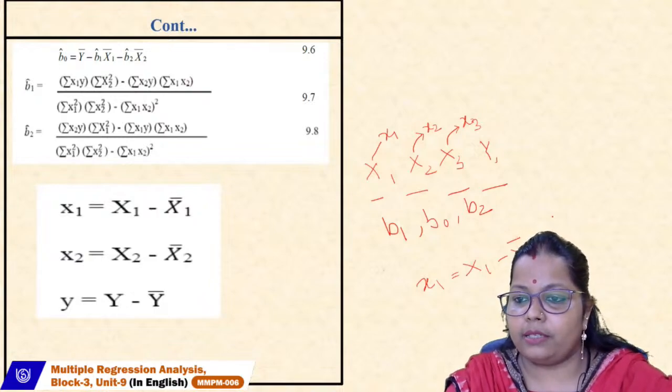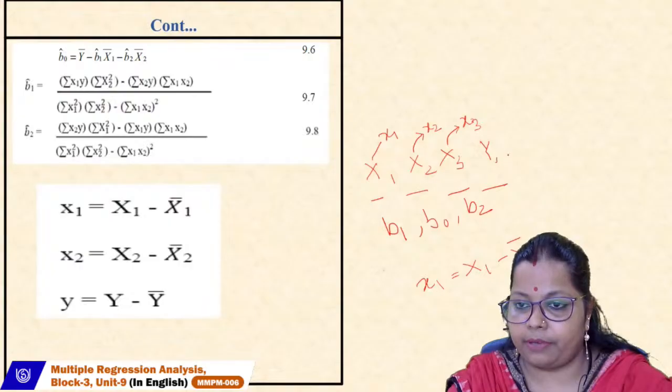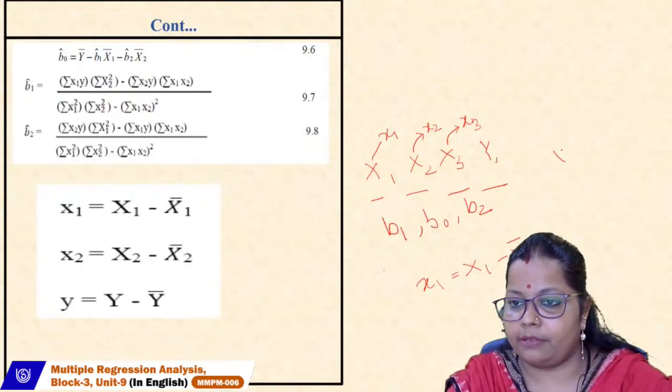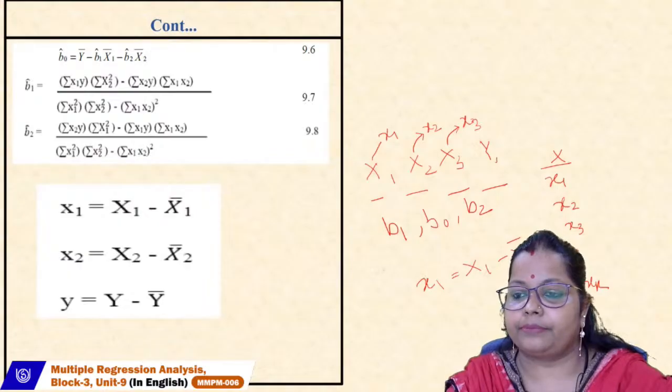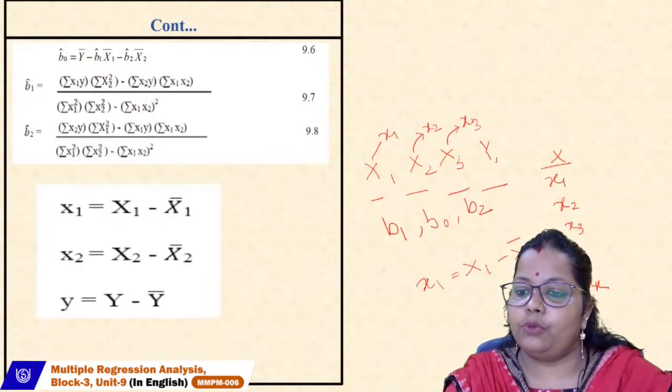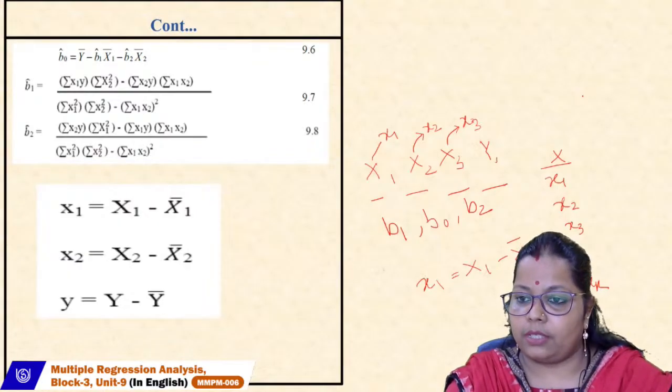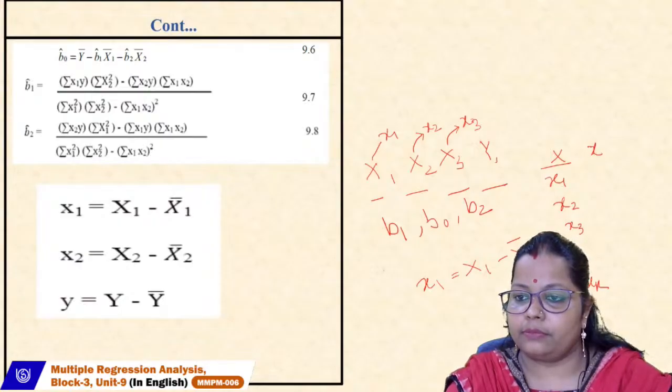So it is now clear. Suppose I have a variable having values like x1, x2, x3, and so on up to xk. Then what do I have to do for finding the small x1? This is equal to capital X minus capital X bar.